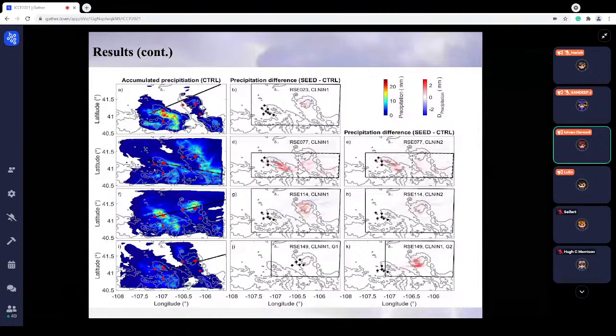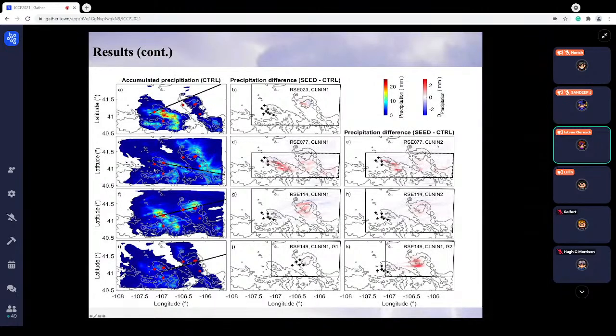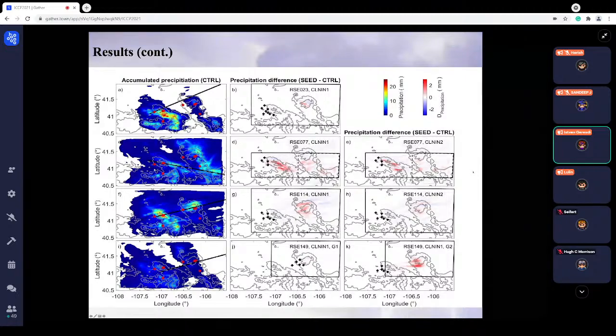And you can see the clean IN1 and clean IN2 in the second and the third column, which means different CCN concentration and different temperature dependence of the activation of the ice nuclei. If you see this figure, we have a significant effect in the second row and the third row.